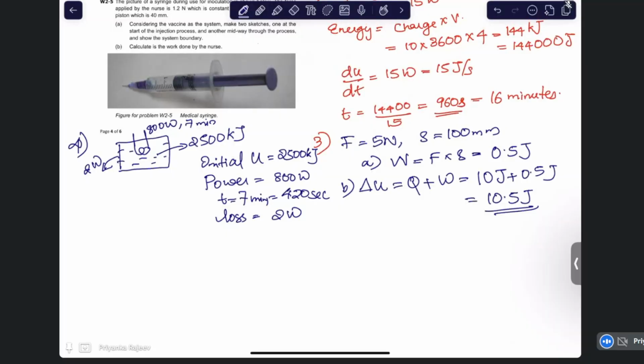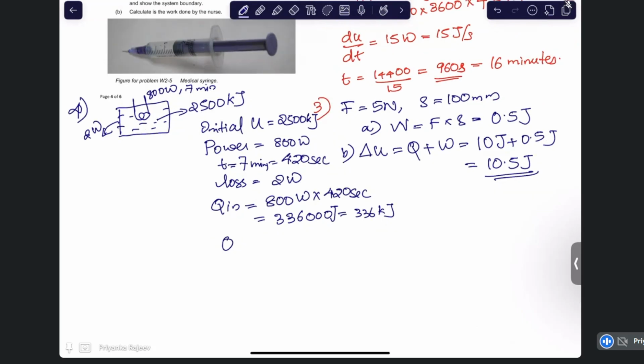So the heat provided is 800 watt times 420 seconds, and 800 times 420 is 336000. That is 336 kilojoule. This is in joules, this is in kilojoule.